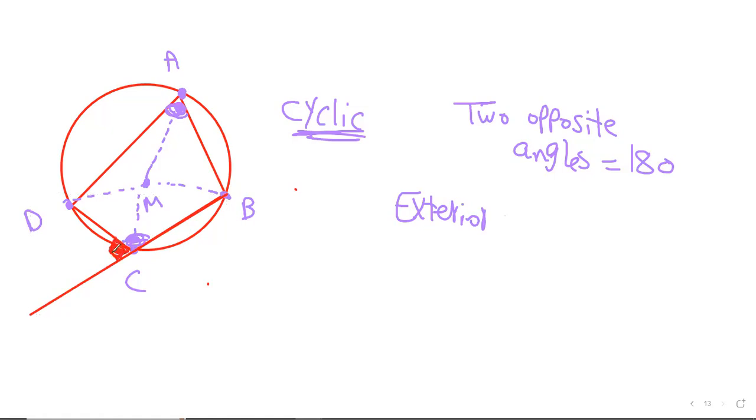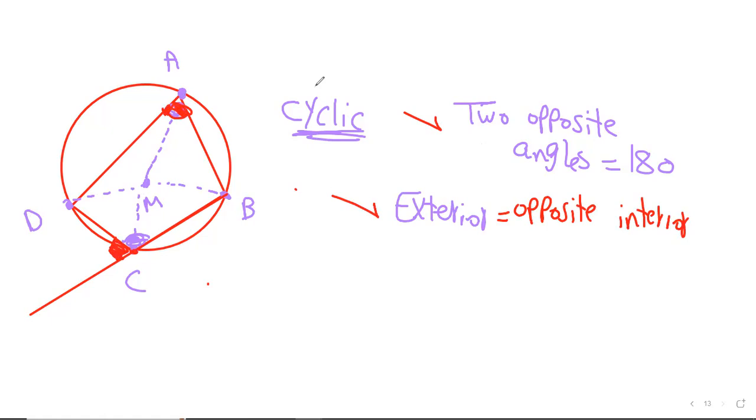The exterior angle here is equal to the opposite interior angle, angle A. They are the same. So each two opposite angles are supplementary, and the exterior angle equals the opposite interior.